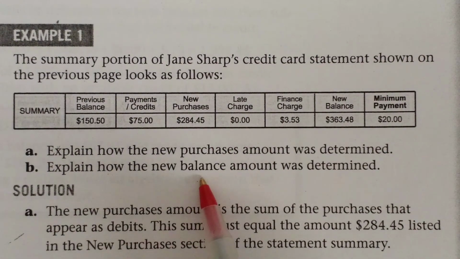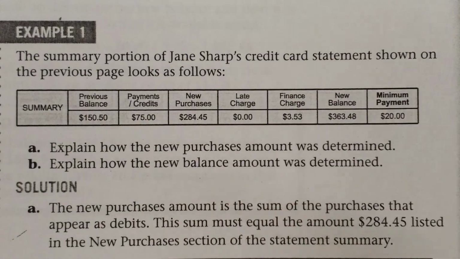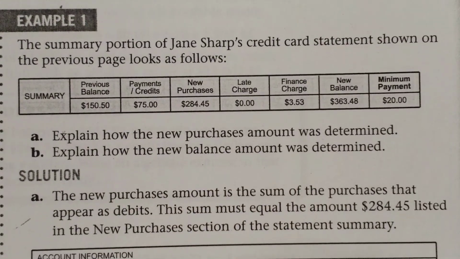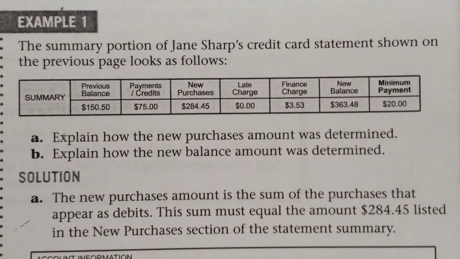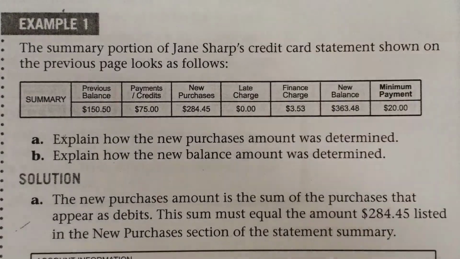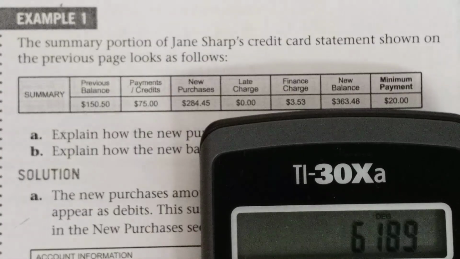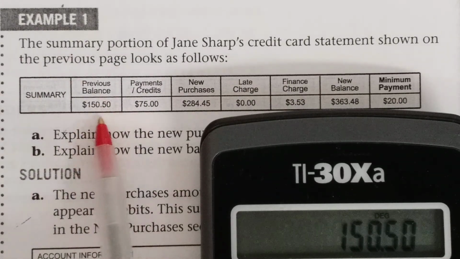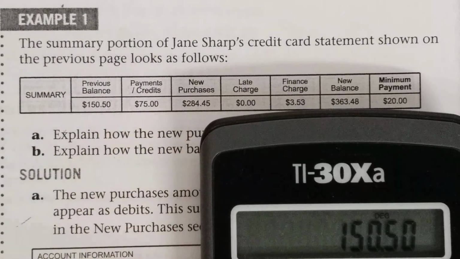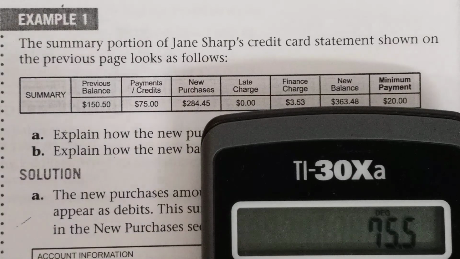Explain how the new balance amount was determined. Well, the new balance amount is determined by just taking this line and figuring out whether to add or subtract. As you can see, the balance was $150.50. She made a payment of $75, so that would take away from her balance. Now she's left with a balance of $75.50.